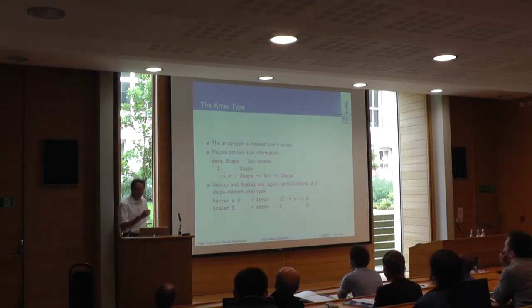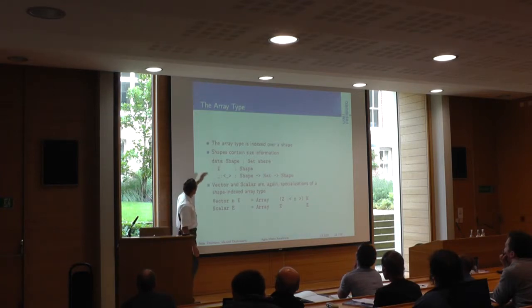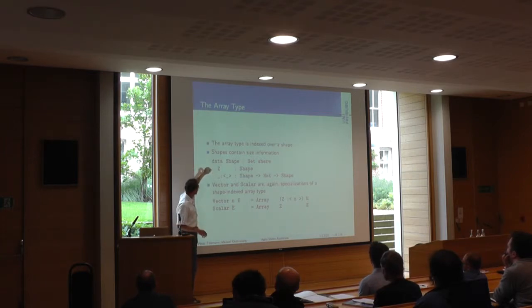All right. So, the array type. Of course, below that there is the array type. The array type is indexed over a shape. Now the shapes contain size information in just the way that you would probably expect. In Agda you can define the shape like this. First of all, you can collect the shape construction into one data type, which isn't done in the existing encoding.